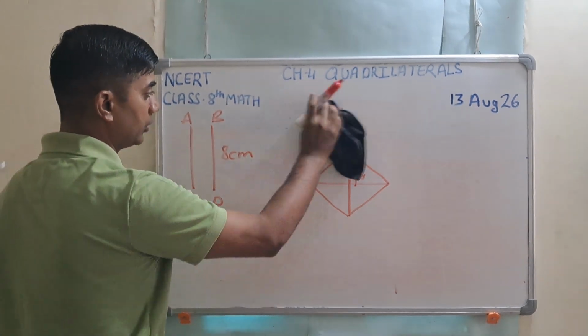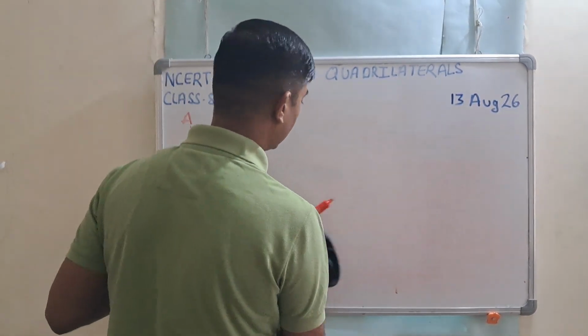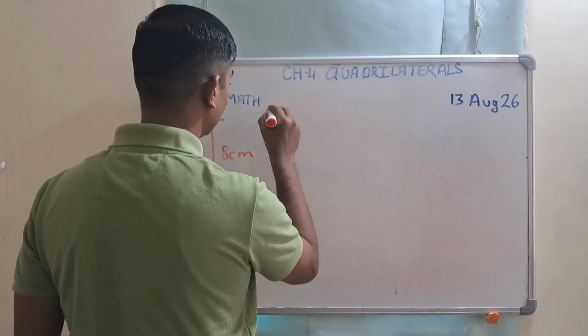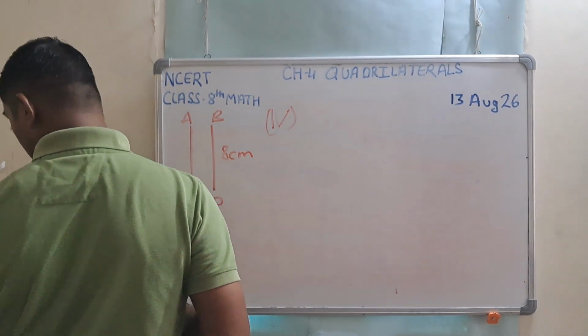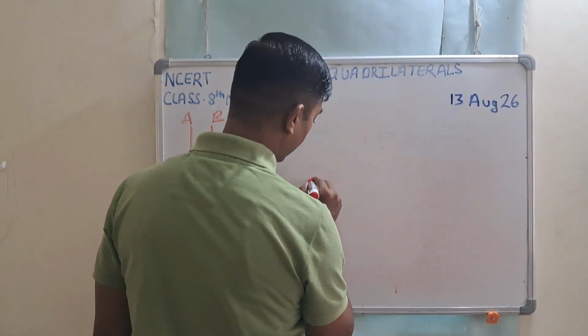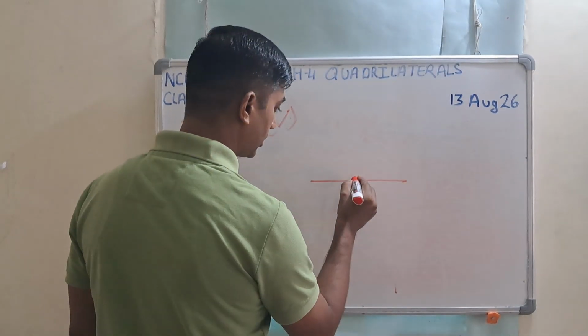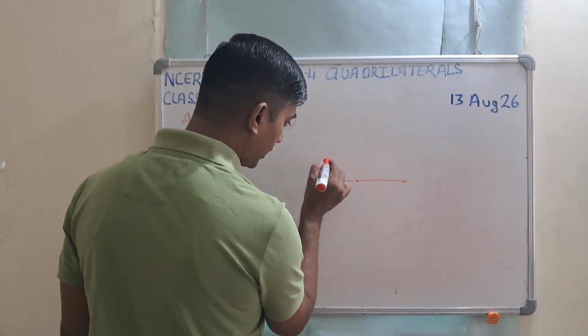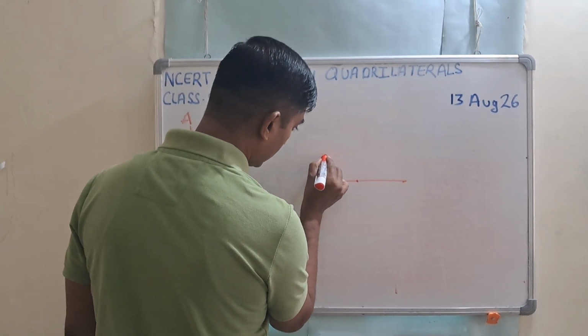Now fourth one is what? Fourth one is 140 degree. Same process. Draw a line, mark a midpoint, and from here draw an angle 140 degree. Understood?